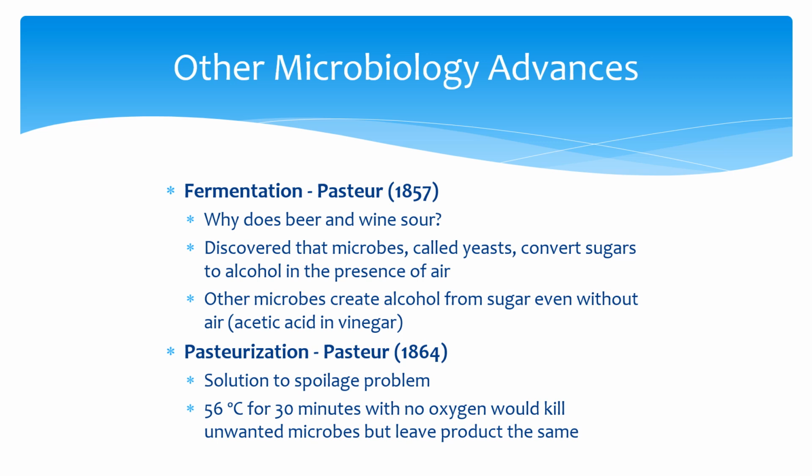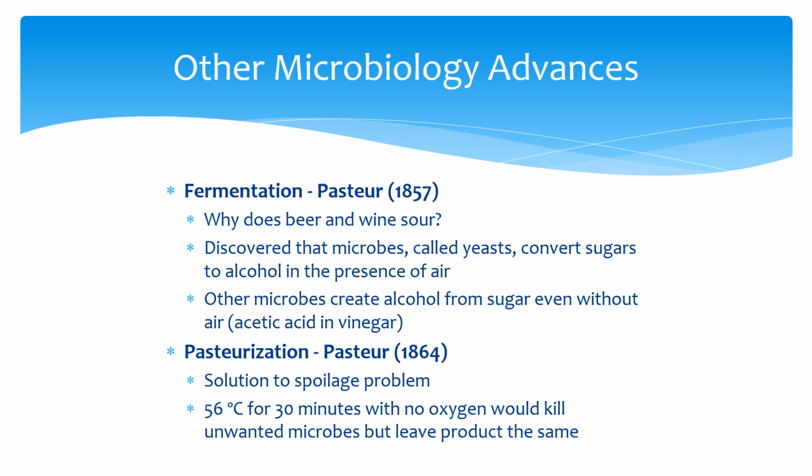Now, fermentation is not the only process that Louis kind of figured out. He also was looking at pasteurization, which is something that we use today. This is a solution to other products other than alcohol spoiling. This is used primarily maybe for dairy products, milk, as well as for fruit juices.